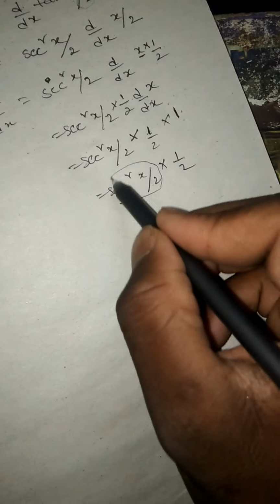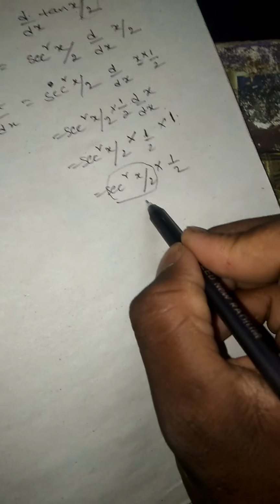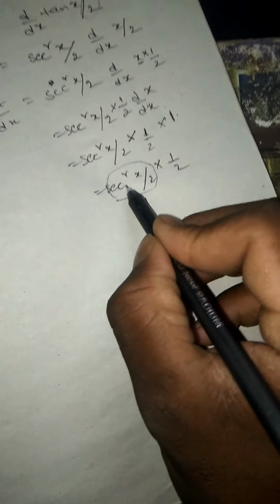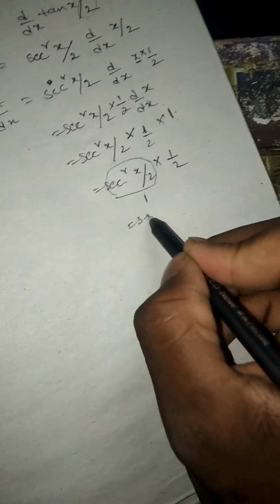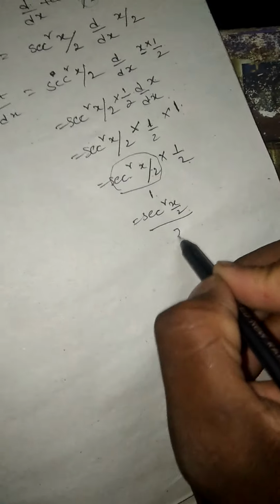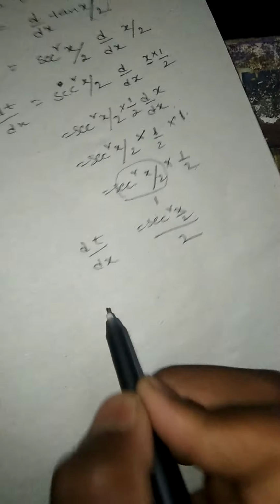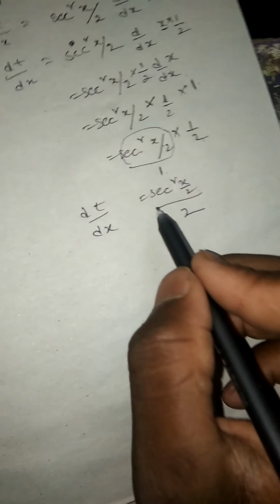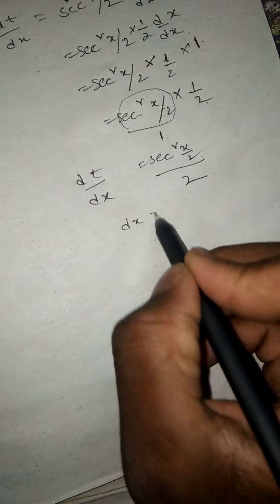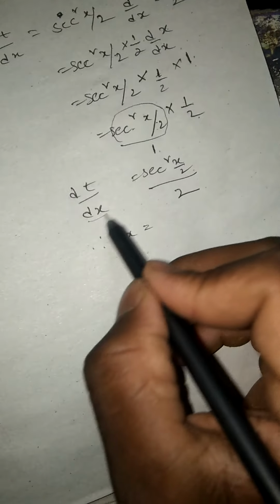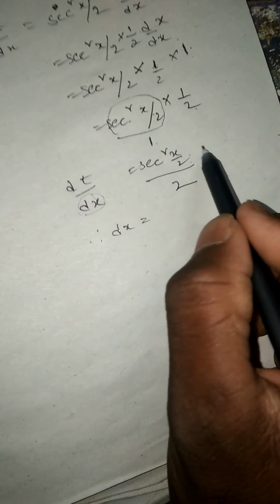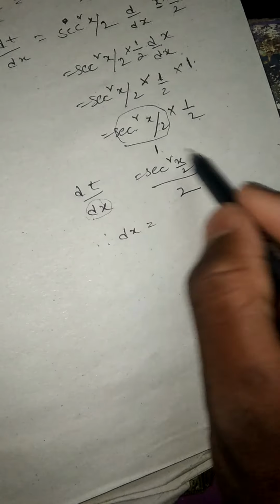This is all one term, the numerator. Then the denominator is 1. Secant square x by 2 into 1 is secant square x by 2, and 2 into 1 is 2. This is dt by dx. From this we want dx. Therefore dx is equals to: here dx is dividing, so when it comes to this side it multiplies secant square x by 2 by 2.